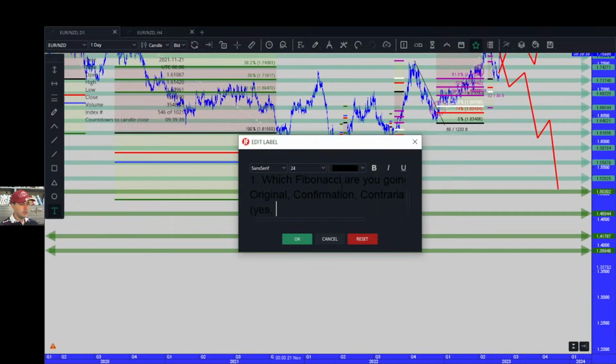Okay, yes, you can trade all of them, but I don't suggest you do so. Number 2, on what time frame? Okay, only one time frame is going to be your trading time frame.